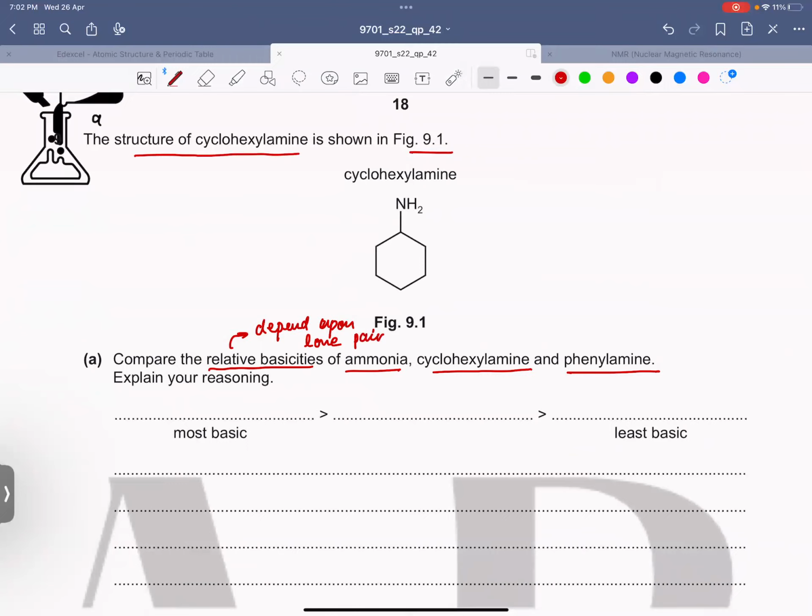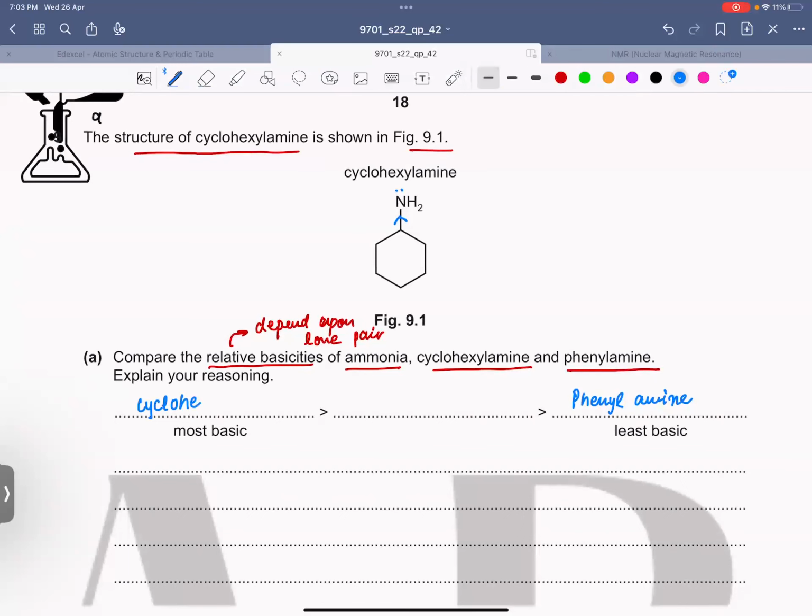In phenylamine, nitrogen overlaps its lone pair, which is in a p orbital, with a pi system, making it least stable. And in cyclohexylamine, the hexyl is an alkyl group which donates electrons, so the lone pair is more readily available on nitrogen, making cyclohexylamine most basic. And ammonia has neither an electron donating group nor an electron withdrawing group.